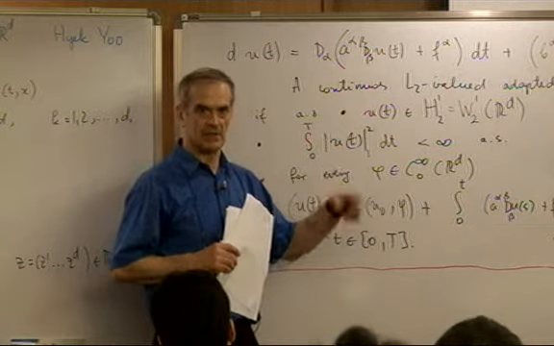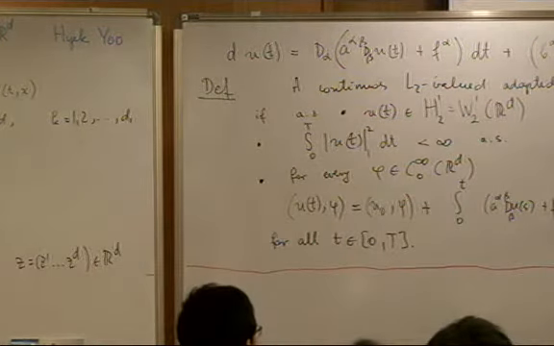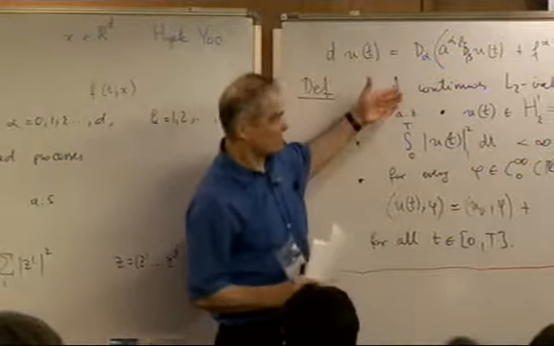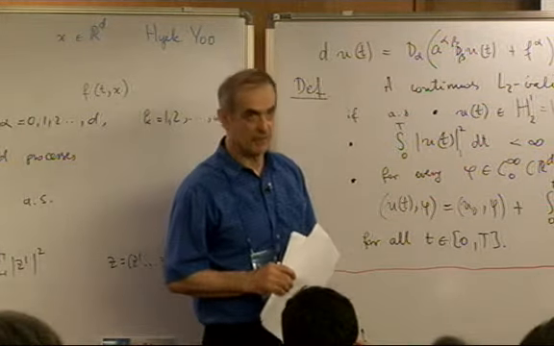This is what Ito's lemma will give us, which I formulate here because we will need that lemma as well. And in this way we get the solution in the stronger sense, as it is defined here.